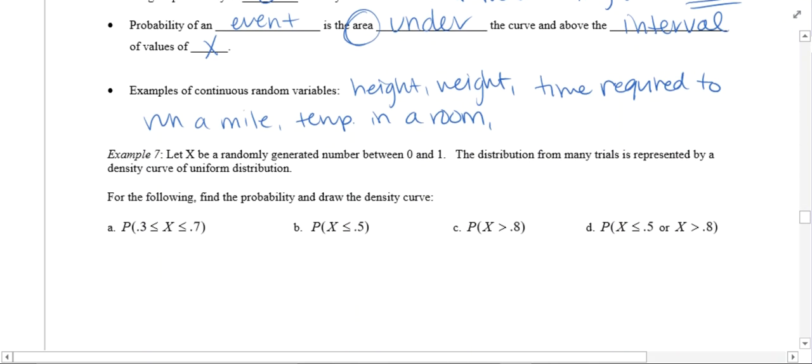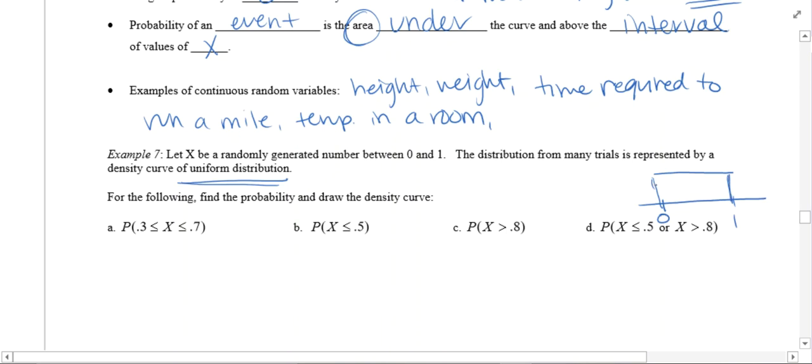Okay, so our first example: let x be a randomly generated number between 0 and 1. The distribution of many trials is represented by a density curve that is called uniform. Uniform means that it goes straight across. So we're talking about numbers between 0 and 1, and they just go straight across. My lines are a little bit off.